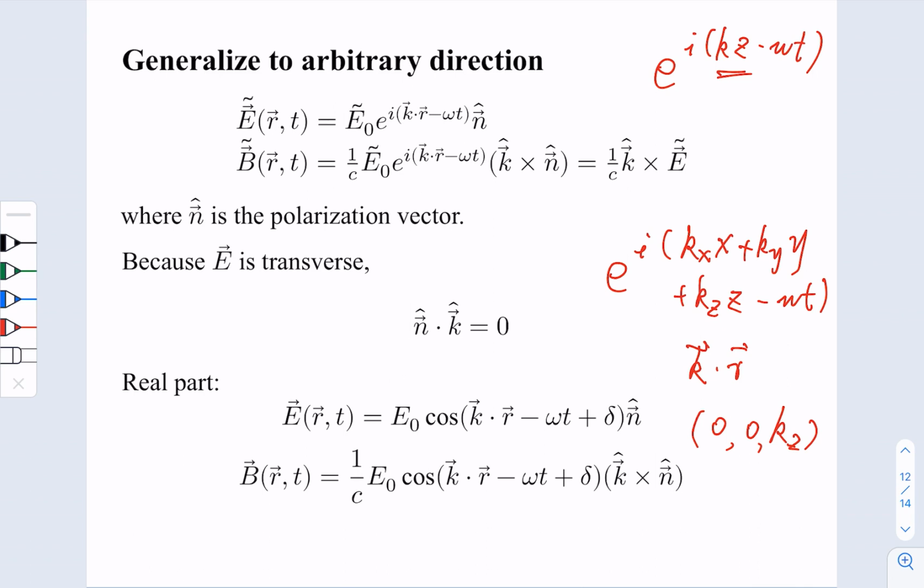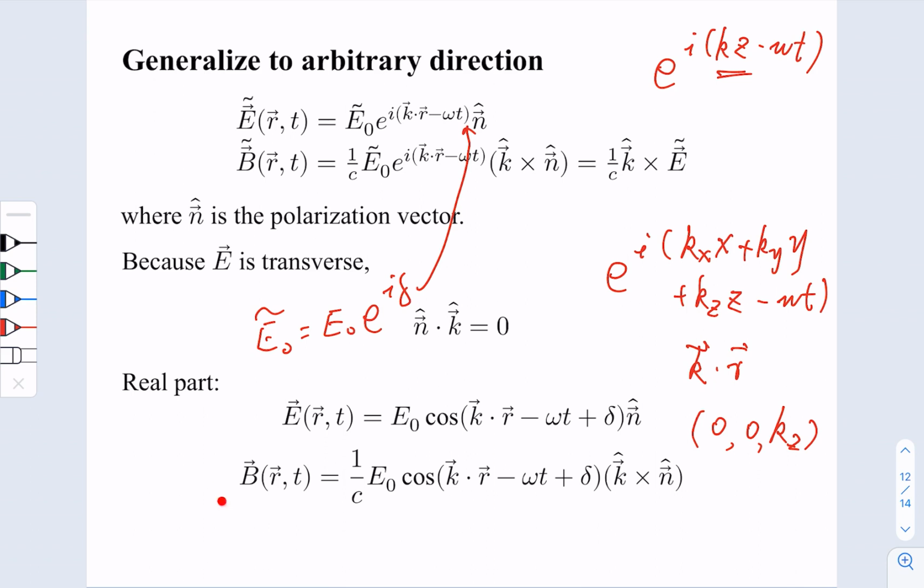Before we do that, we need to write out the E tilde, remember, as E naught times e to the i delta, and then put the delta to the end of here. Then we have the real part as E naught times cosine of kz minus omega t plus the angle here.